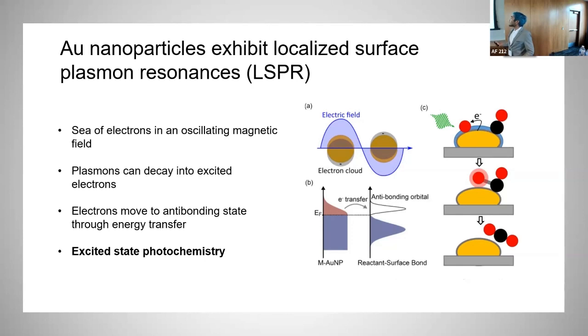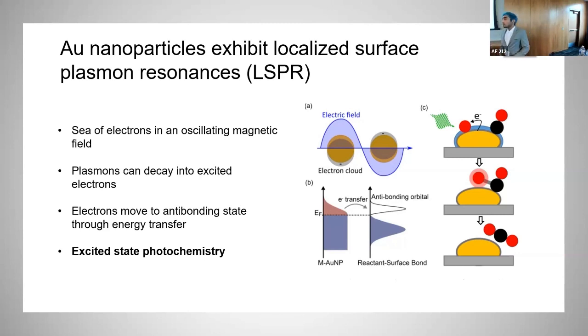Through this excitation process, you have these electron clouds oscillating, and these collective oscillations in this oscillating electric and magnetic field are what produce what's called a localized surface plasmon resonance.